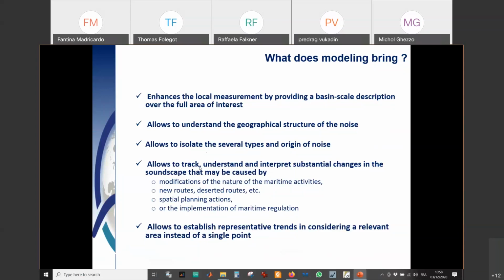Because you have access to a map, it's very interesting to then identify, predict and interpret what is going to be the impact if you change the nature of the maritime activities, or if you change a shipping route, for example, or whatever spatial planning action you plan to do.